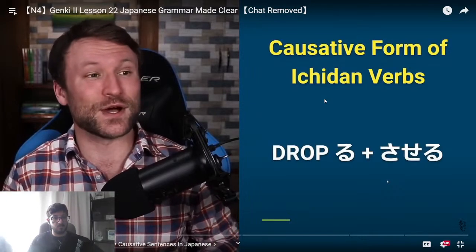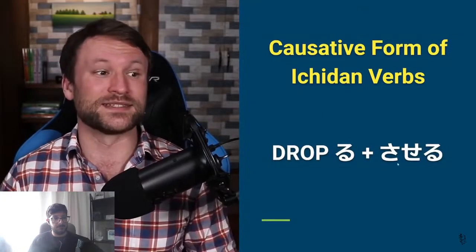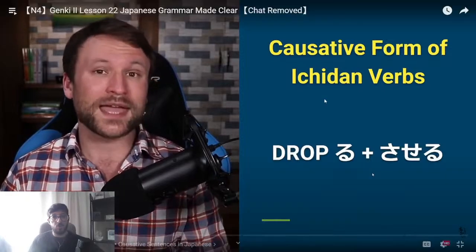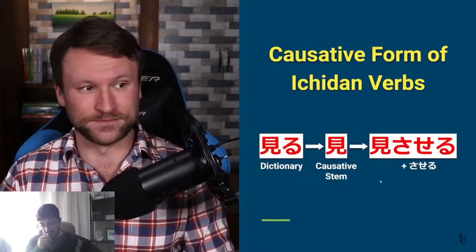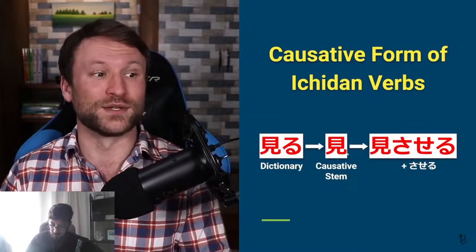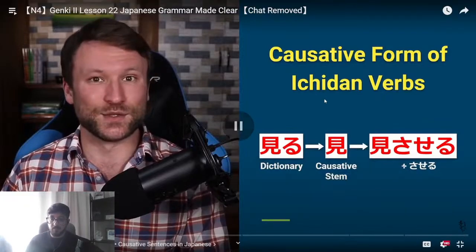Conjugations first. The causative form for ichidan verbs is just drop the ru and add saseru. Cause, that's why it's called causative, to cause. So miru, you cut the ru and add saseru. So ichidan always adds saseru.